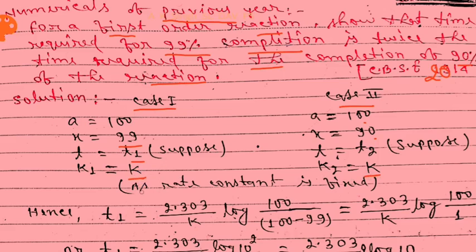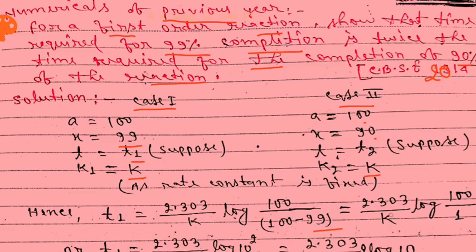You have read the expression of k for a first order reaction, that is k is equal to 2.303 by t log A by A minus X. So we can write t1 is equal to 2.303 by k log A by A minus X, and here t1 is equal to 2.303 by k log 100 by 100 minus 99.